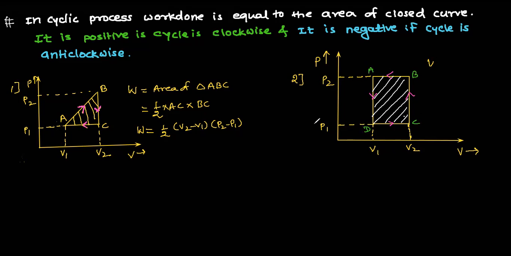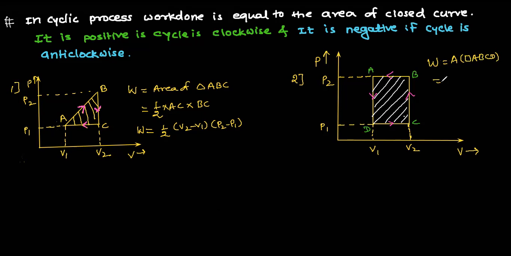So again here, what is the work, or W is equal to what? Just write W, no need for more, because I am having less space on this side. So what I am writing here, W is equal to the area of this rectangle ABCD.